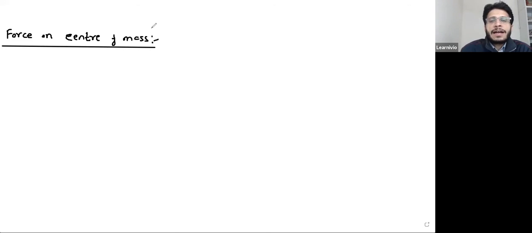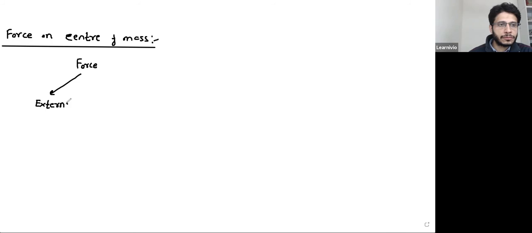So the force acting on the system can be divided into two parts. The force can be external, or the force acting on the system can be internal.